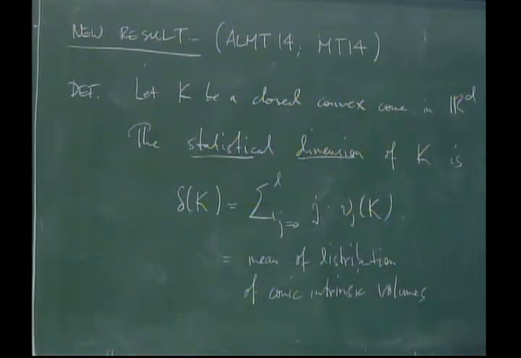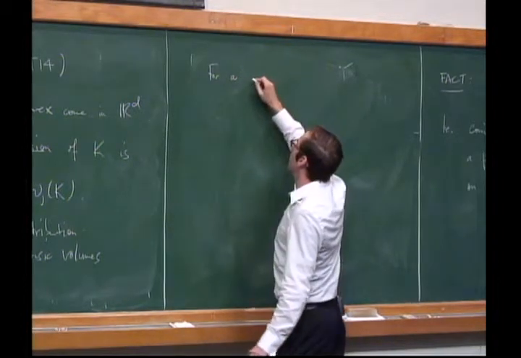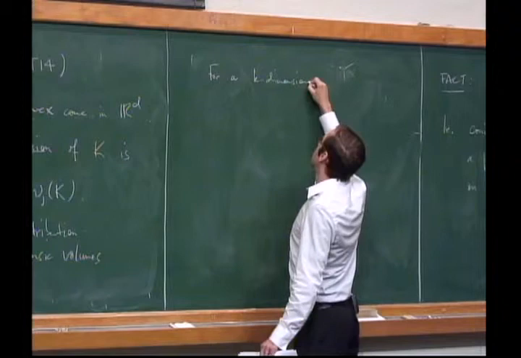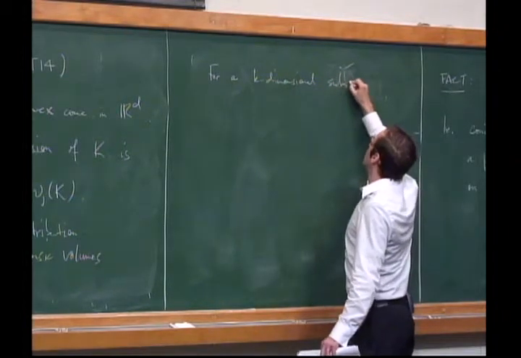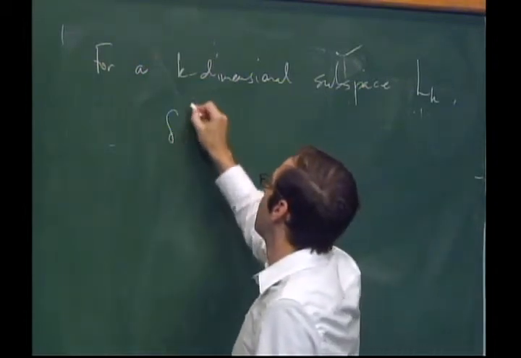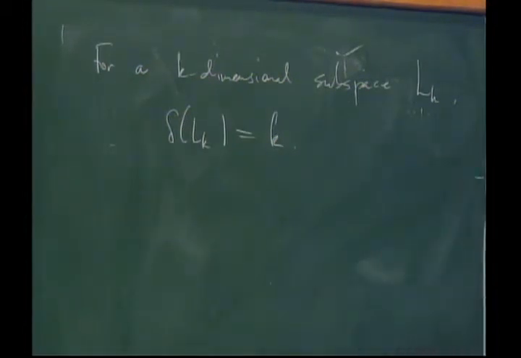So the statistical dimension of a subspace is the dimension of the subspace. It's probably important enough that I should write that down. So for a k-dimensional subspace L_k, delta of L_k is equal to k itself.